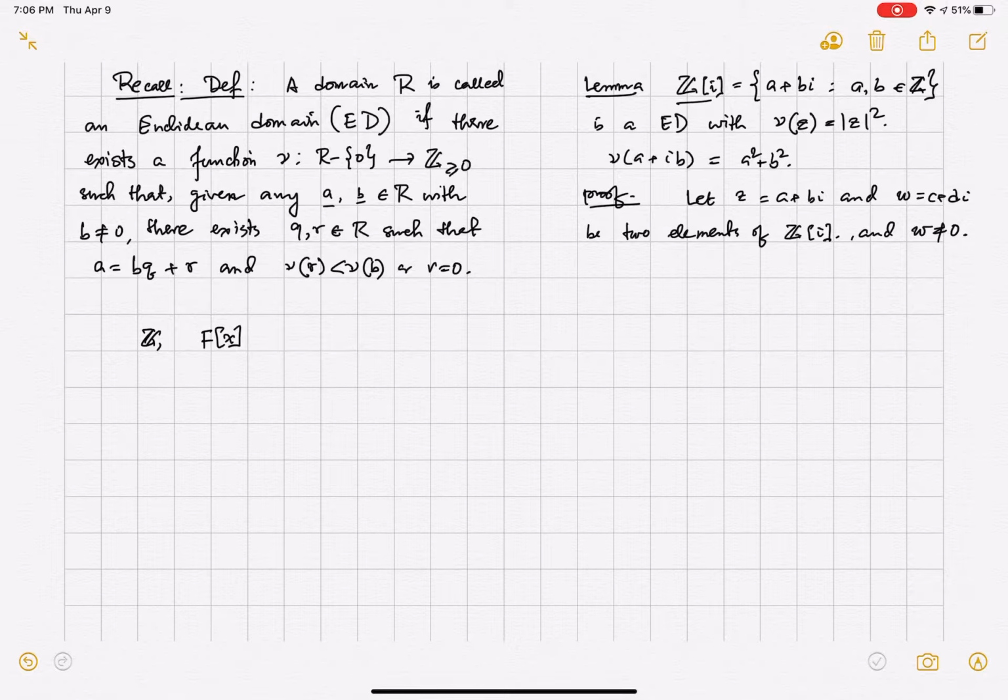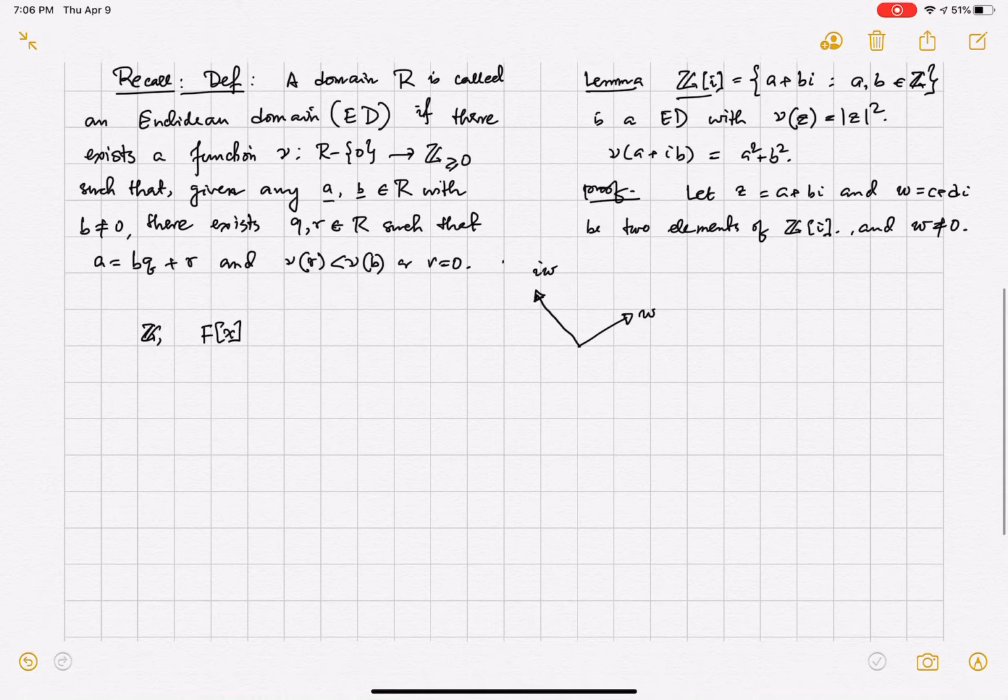Then you see w and i times w, which is w rotated 90 degrees in the complex plane. So here is a picture of the complex plane. These are two linearly independent vectors.